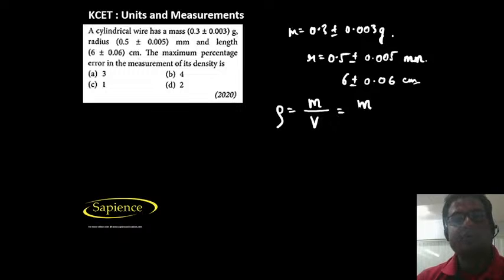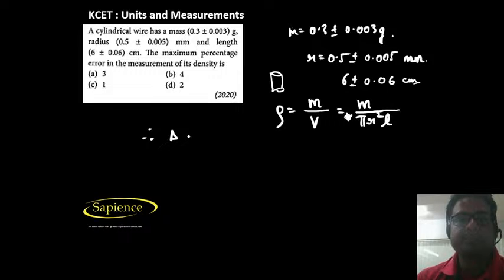The volume of a cylinder, we know, is pi r square h, so pi r square into length. Therefore we have to find the maximum percentage error in the measurement of density, so delta rho by rho into 100%.